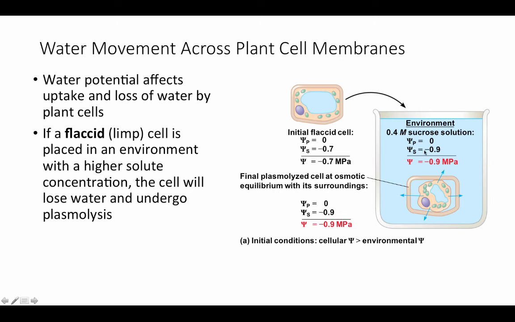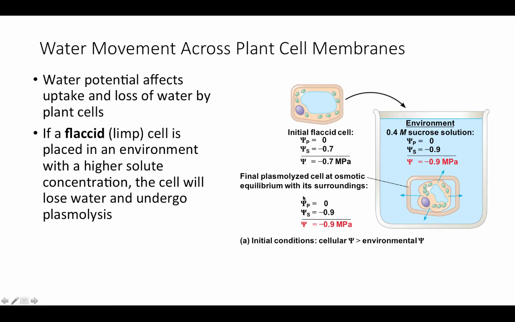Remember that water always moves from higher water potential to lower water potential. The cell is less negative than the environment, so the water potential is higher inside the cell. Water is going to move from inside the cell to outside the cell. So you determine the direction of movement by comparing the water potential inside the cell to the water potential outside the cell, determining which one is greater, and that's where water is going to move.